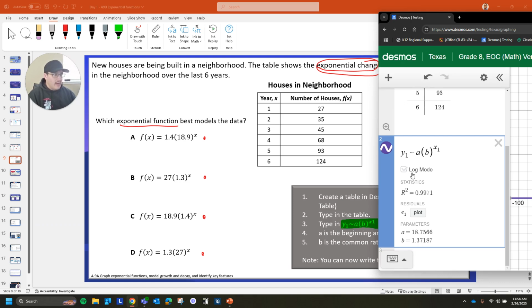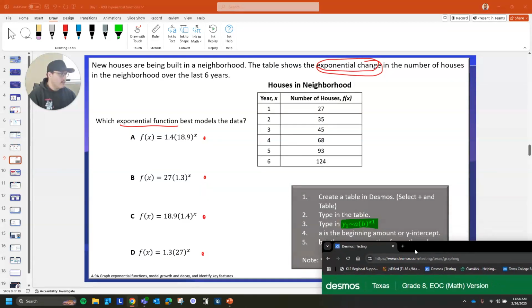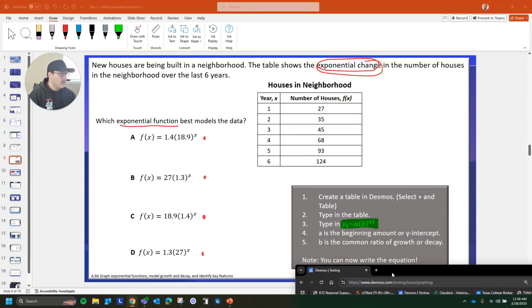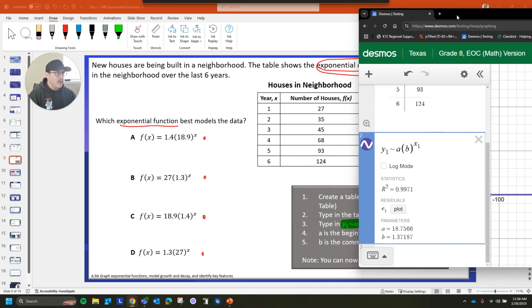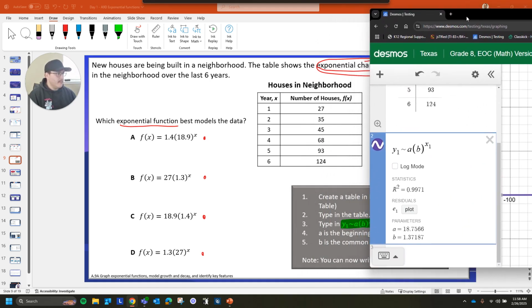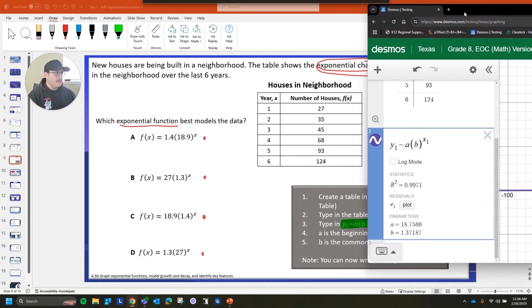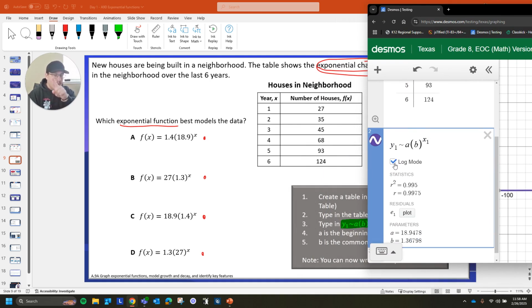Okay, we don't need log mode for the moment, or maybe we do. No, we don't need log mode for the moment. So then here we go. Or actually, yes, I'm sorry. Click log mode in order to get more accurate numbers. Okay.